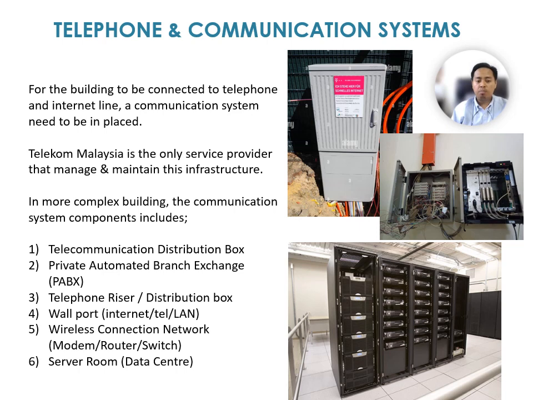Private automated branch exchange or PABX, 3. Telephone riser or distribution box, 4. Wall ports for internet, telephone, and LAN, 5. Wireless connection network. This consists of modem, router, and switch. And last but not least, a server room for data center.